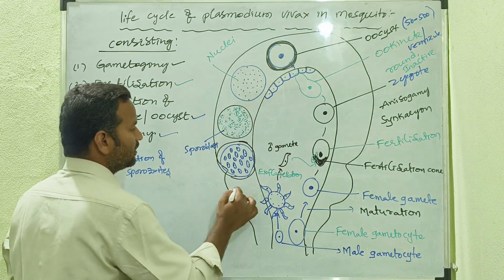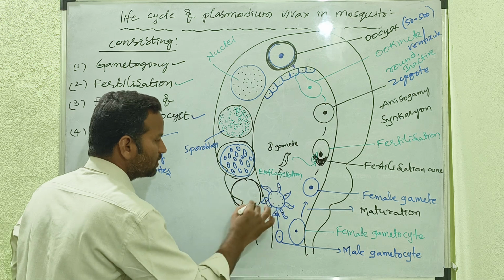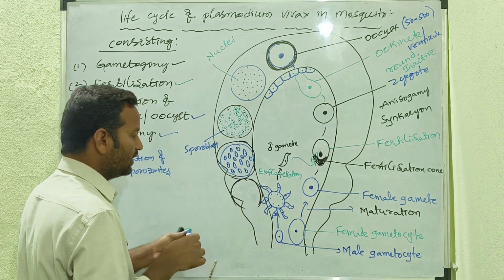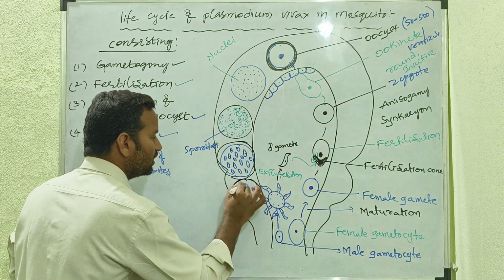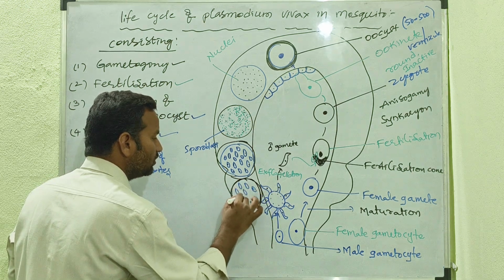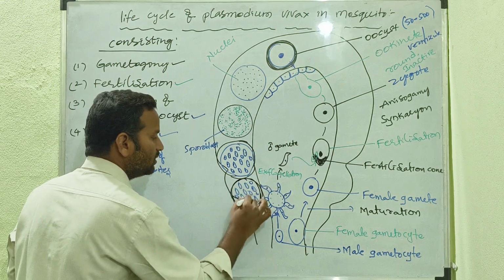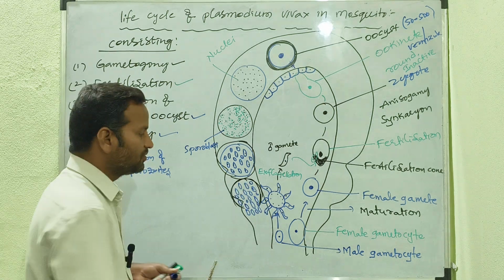After that, what will happen next? Due to rupturing of this layer, the sporozoites are released into the hemocoel of the mosquito. Hemocoel means the body cavity. Approximately 10,000.